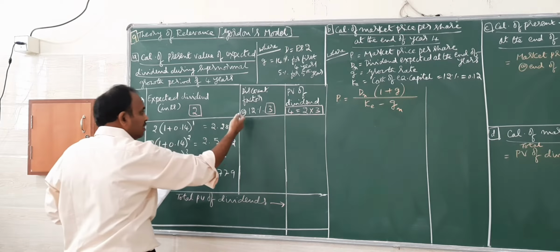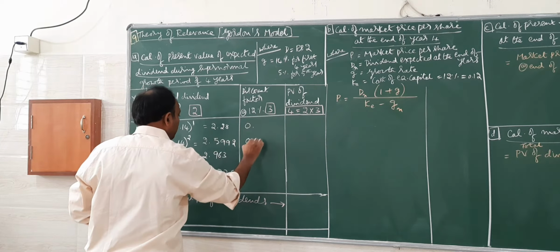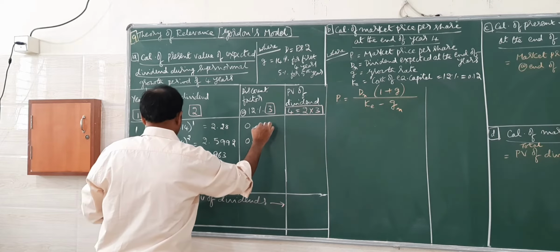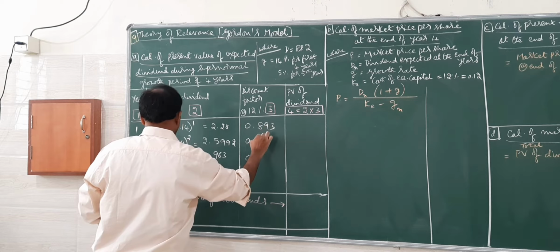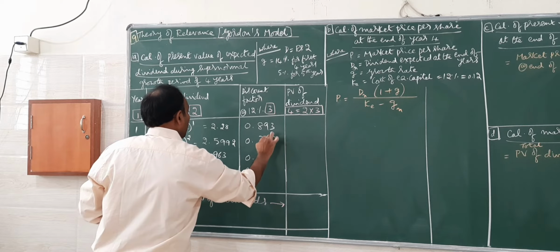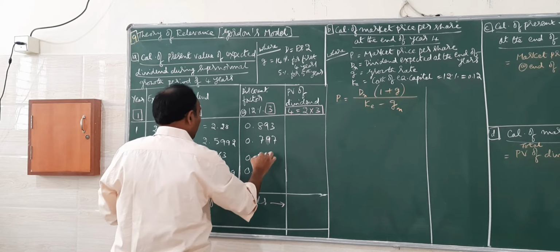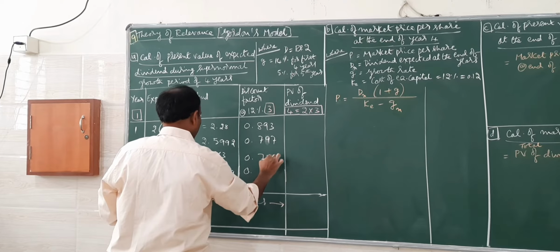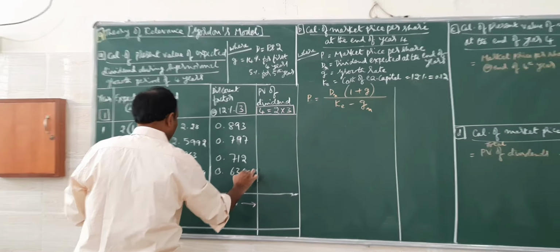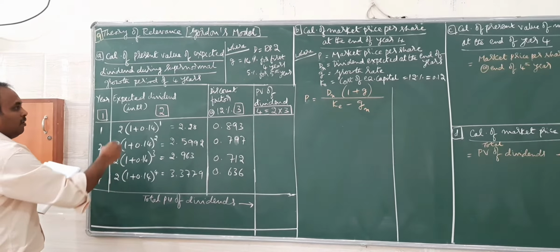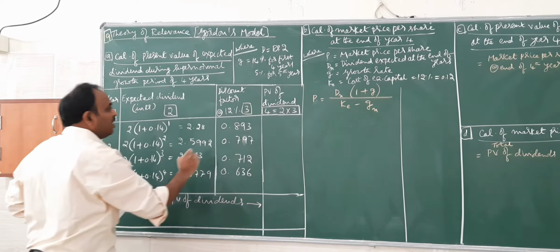The discount factors at 12% are given in the problem. They talk about the rupee value at the end of year 1, year 2, like that, at 12%. The PV factor talks about the time value of money. So if you multiply, the present value of dividend will come.